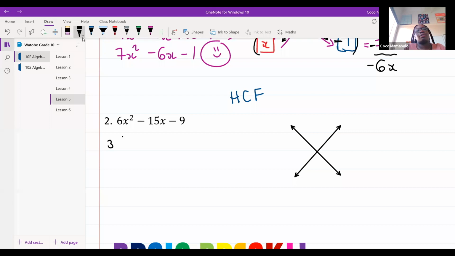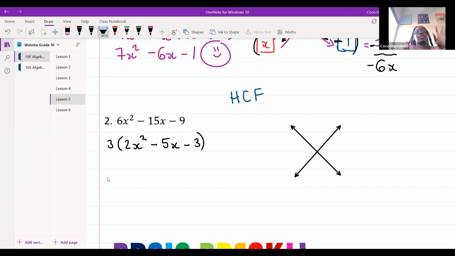So I'm going to take 3 out, and I'm going to have 2x squared minus 15 divided by 3 is going to give me 5x minus 9 divided by 3 is going to give me 3. Okay, so I know that 3 has come out.